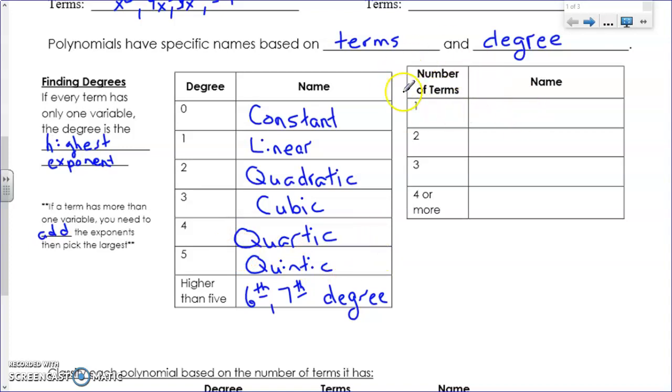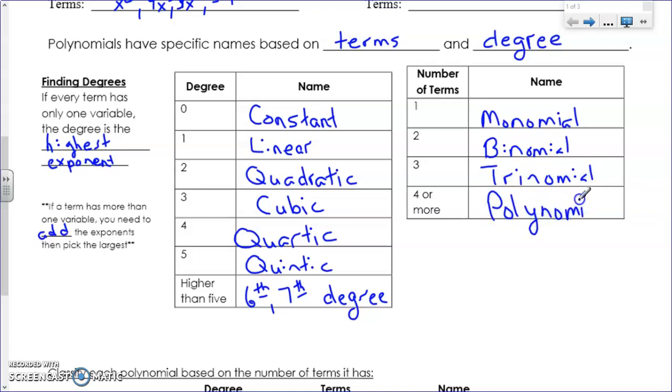Okay, so now number of terms. If you have one term in a polynomial, it is called a monomial. If you have 2, binomial, and 3, trinomial. Now, a lot of people are like, well, 1 can't be a polynomial.